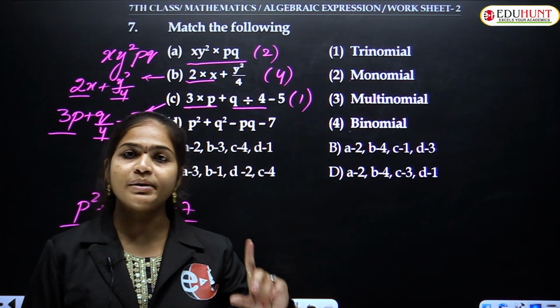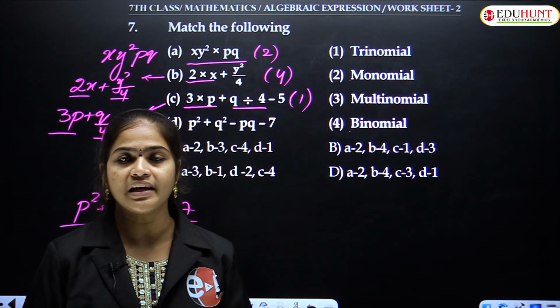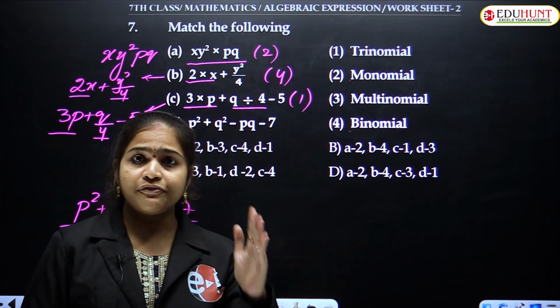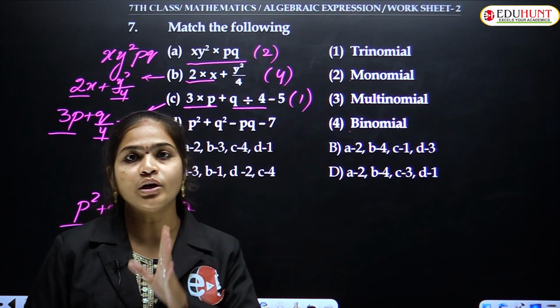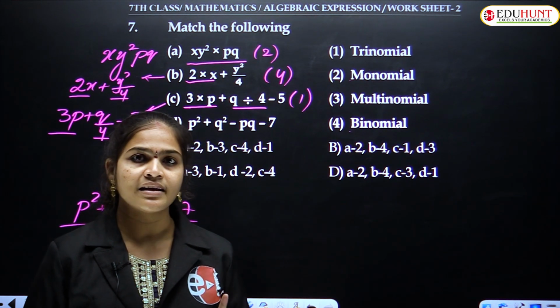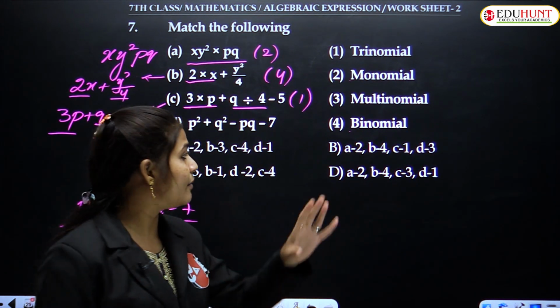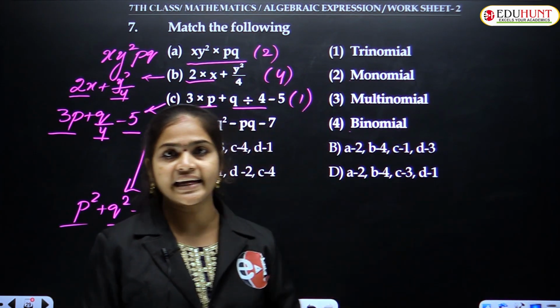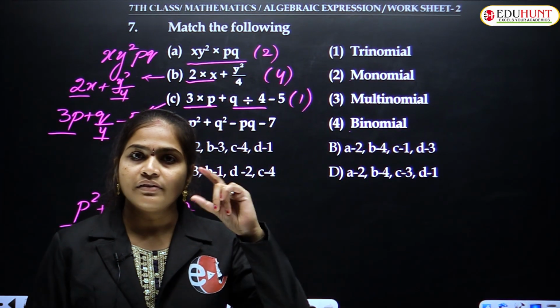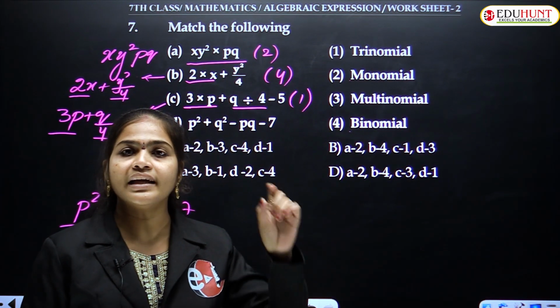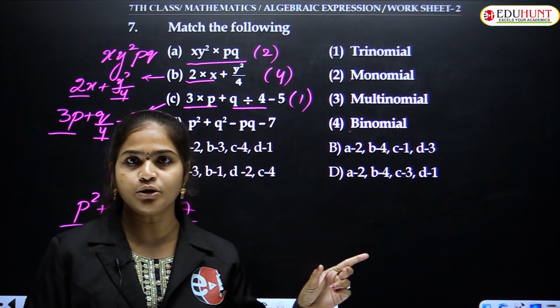And there is a difference between multinomial and polynomial. Every polynomial we can say as a multinomial, but every multinomial need not be a polynomial. What is the difference? Why? Because a multinomial means the power of the variable is either positive or negative. Okay, then we will call that one as a multinomial.